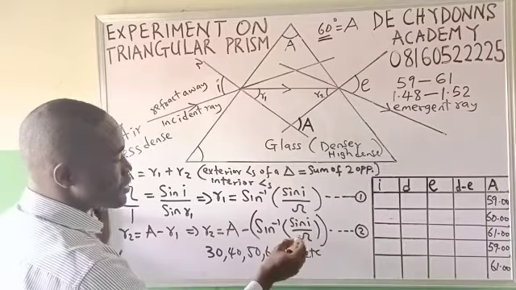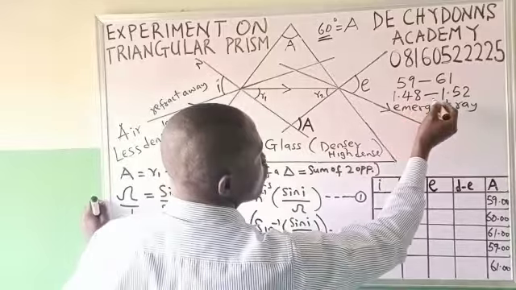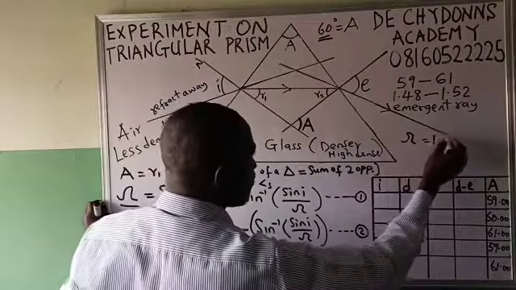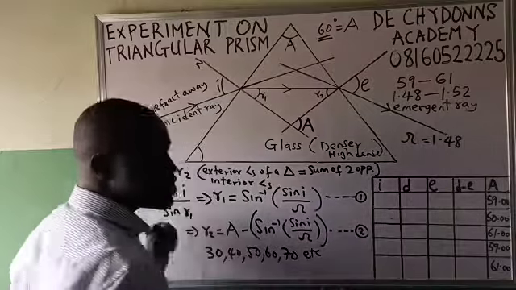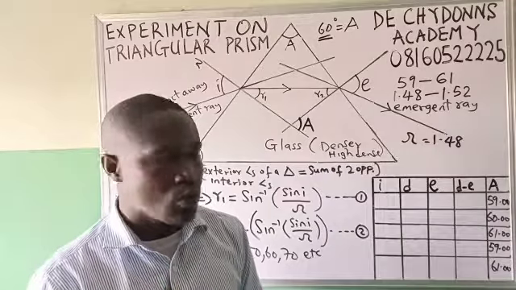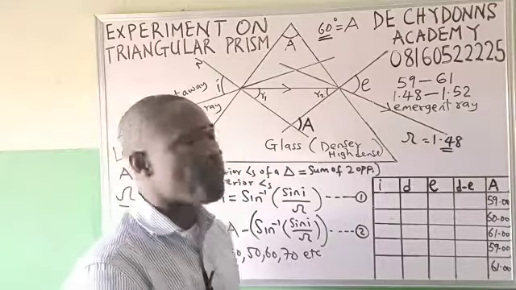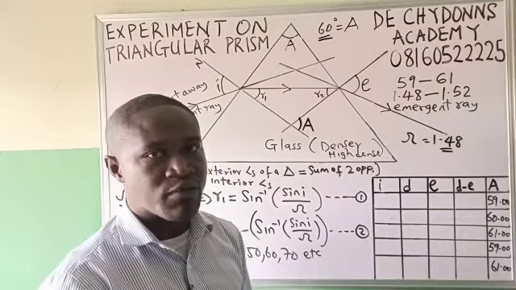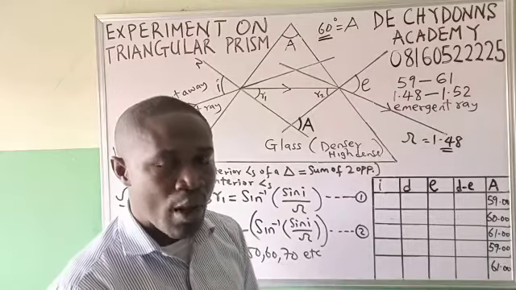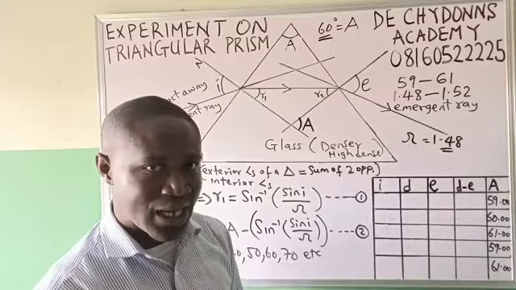And I said this refractive index falls between 1.48 and 1.52. So you can use 1.48. I don't advise students to use 1.5, the exact value. Pick 1.48 or 1.52. Any of these two is okay. 1.48, 1.49, 1.51 and 1.52. Don't pick 1.5 exactly.